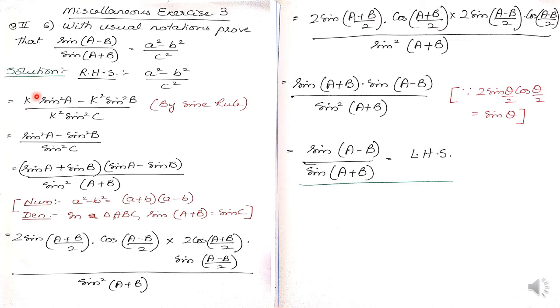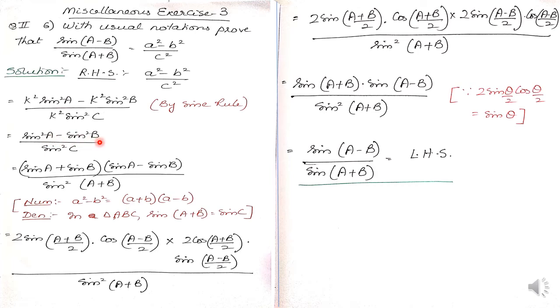Now we take the RHS. (a² − b²)/c² becomes (k² sin²A − k² sin²B)/(k² sin²C) by the sine rule. So k² is common and is cancelled out from the numerator and the denominator. Thus we get (sin²A − sin²B)/sin²C.